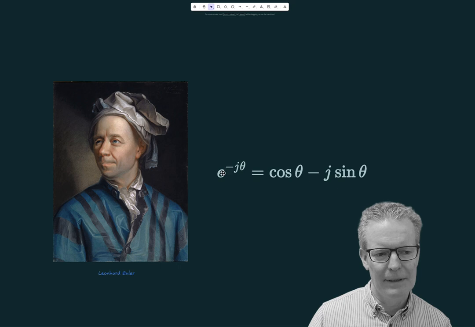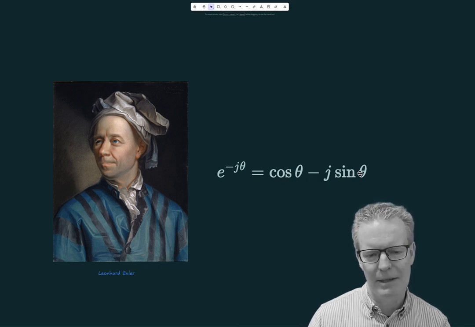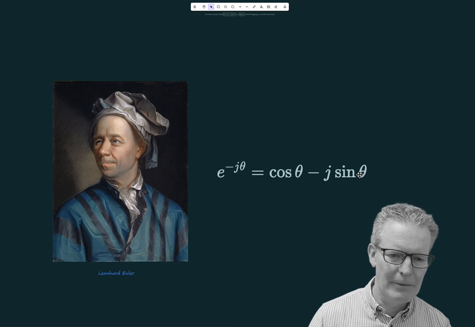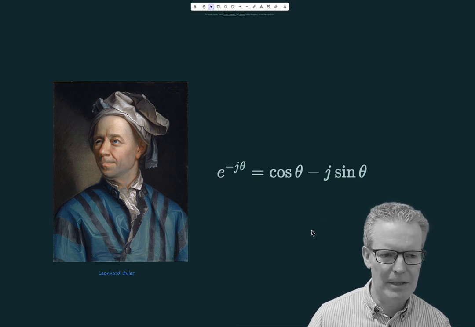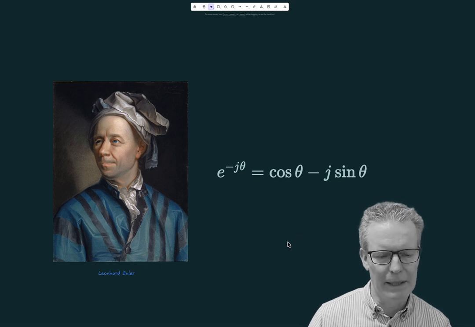So the exponential of minus j theta, where j is the imaginary unit, is cosine theta minus the imaginary unit times sine of theta. And we'll see how this formula in just a moment makes it possible for us to rewrite the formula we need in a more manageable way.